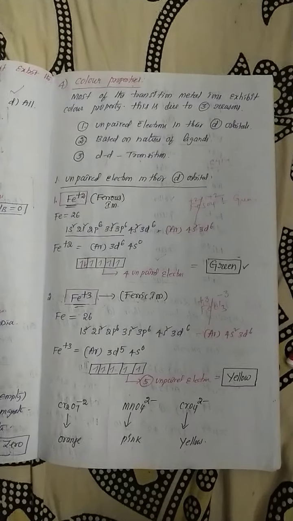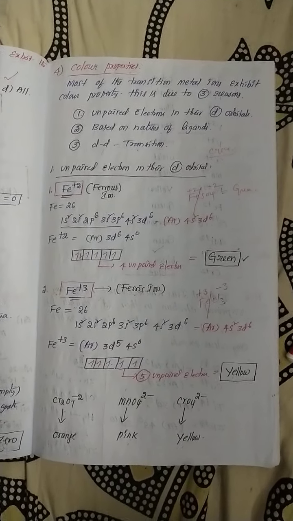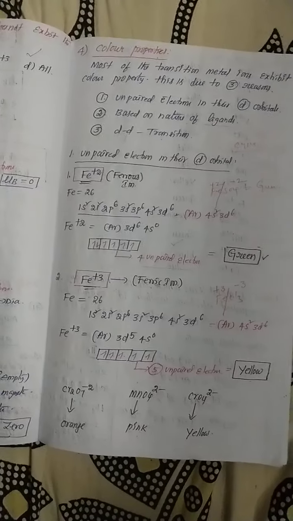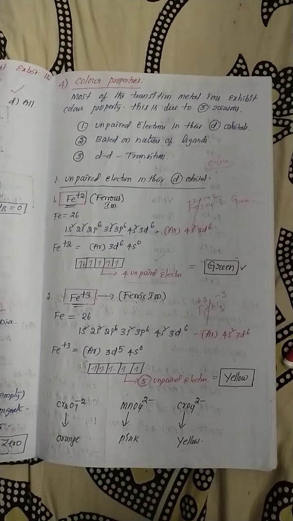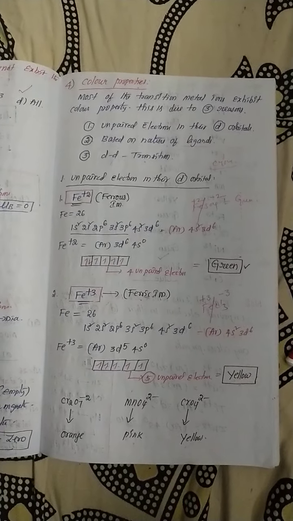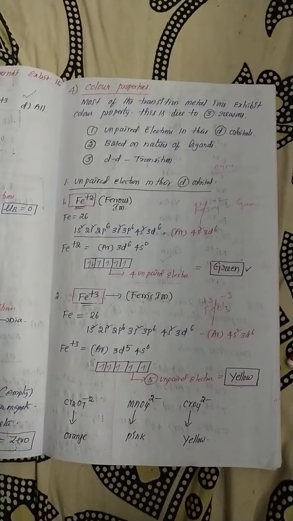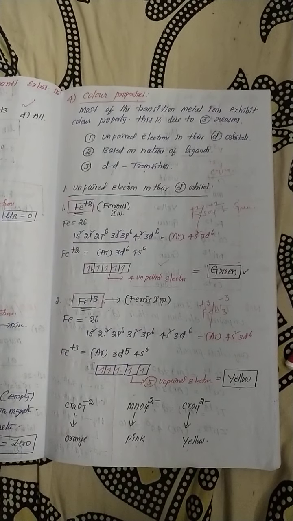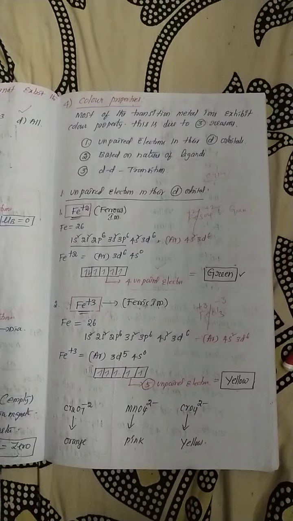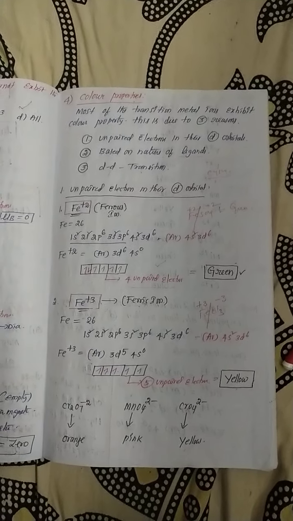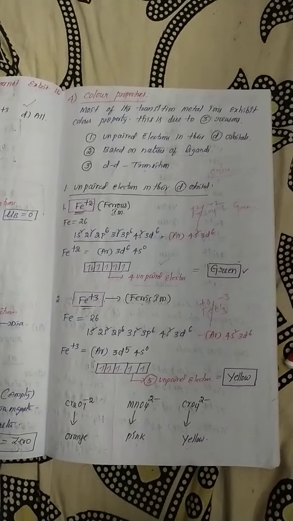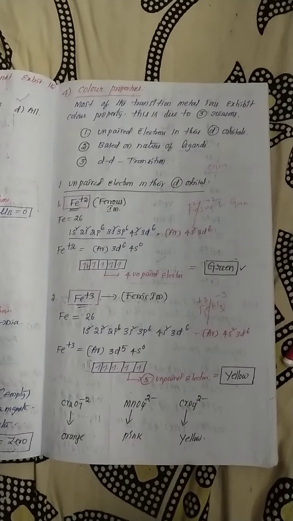For example, in a CBSE board level question, why can a transitional metal ion show color property? Simply you write one answer: unpaired electrons are present in the d orbital, so those compounds show color property. One more question, why do transitional metal ions show magnetic behavior?